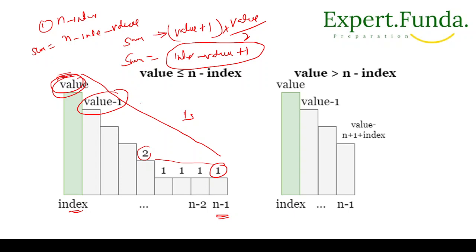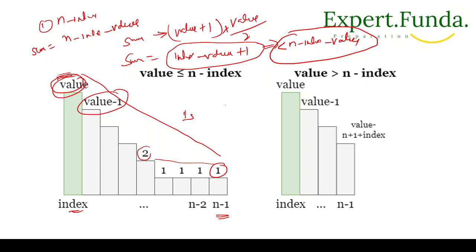And these all are connected with 1s, and this is actually less than n minus index minus value. Just that the sum value is coming.